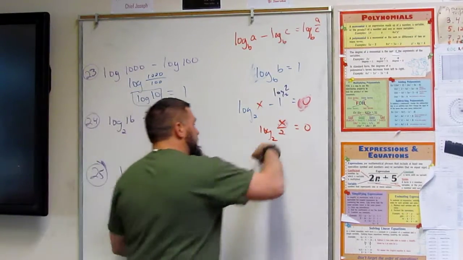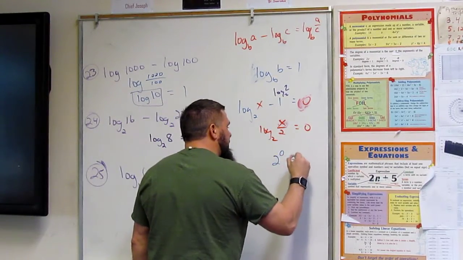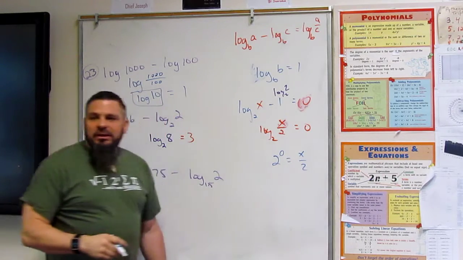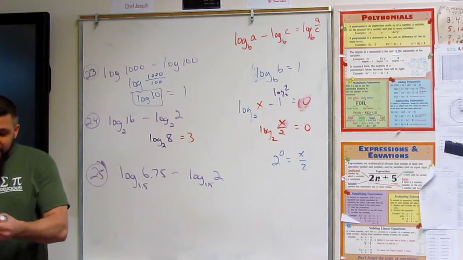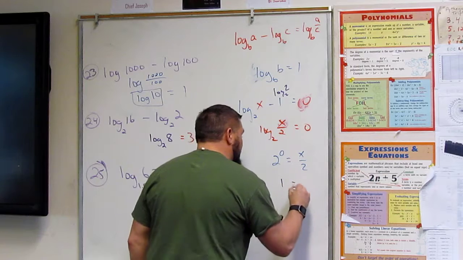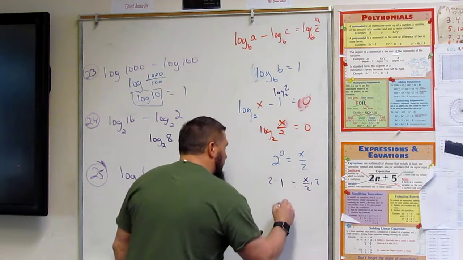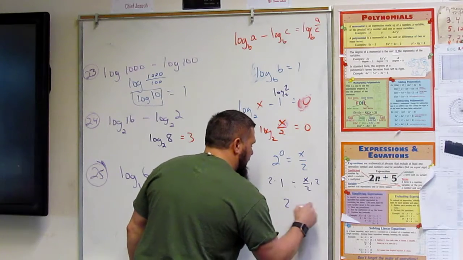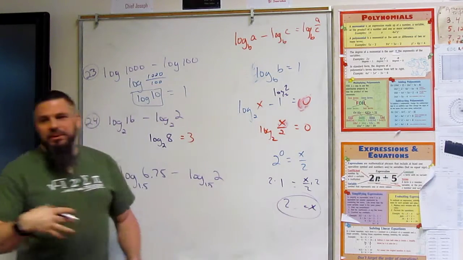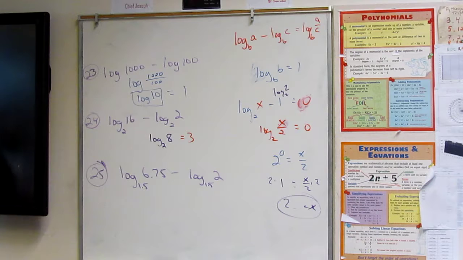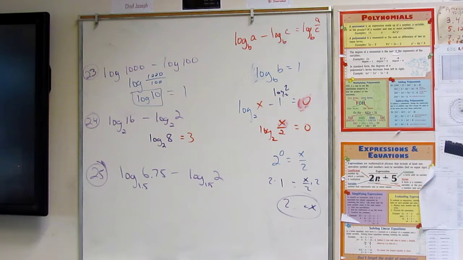Change that into an exponent: 2 to the 0 is equal to x over 2. That's 1, so 1 is equal to x over 2. Multiply by 2, and 2 is equal to x. That's where we're going, at the end of all this, on your test.